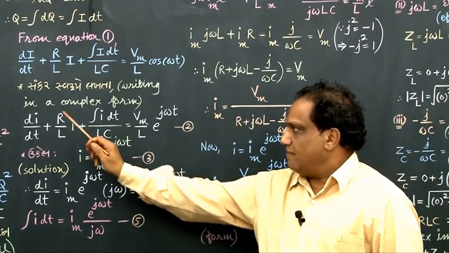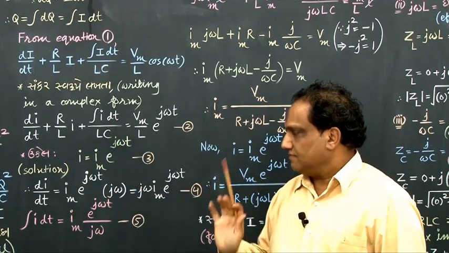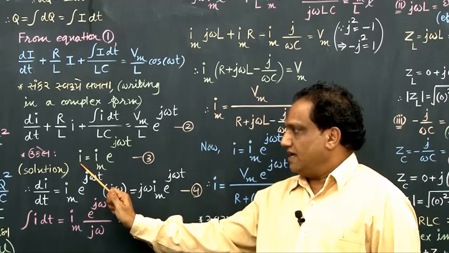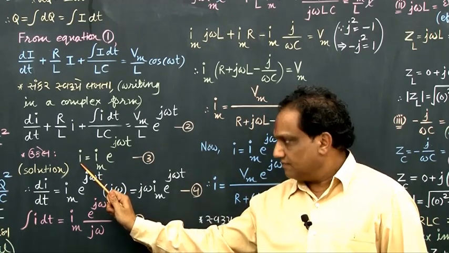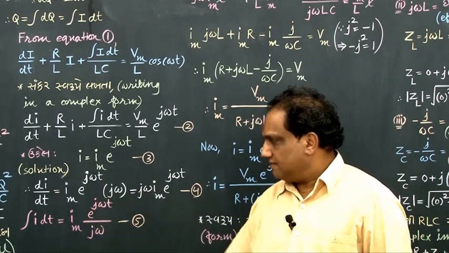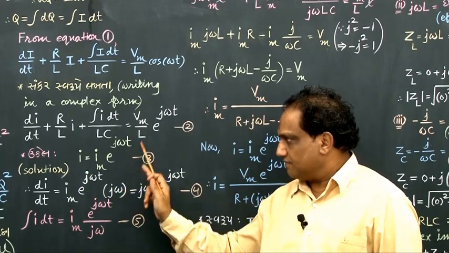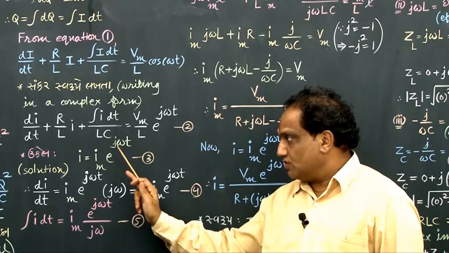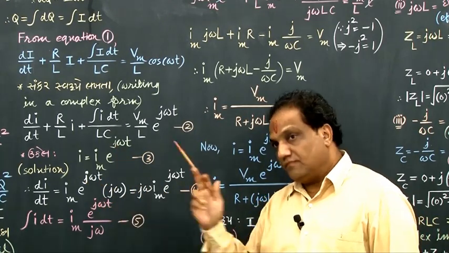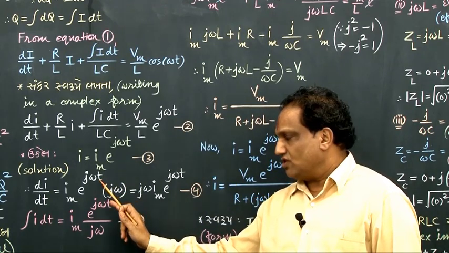Now we require di by dt here and we also require integration i dt. So let us find out those two values. Take d by dt on both the sides. So it will be di by dt; Im is constant, and the derivative of e raised to j omega t is e raised to j omega t into the coefficient of time. What is the coefficient of time here?